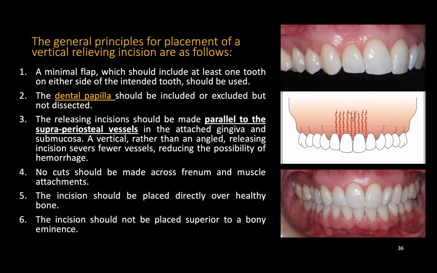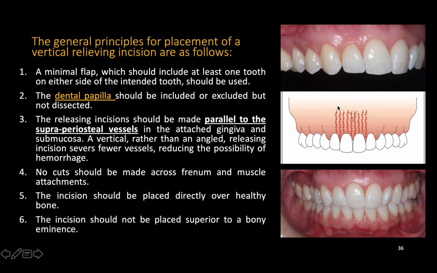So no cuts should be made across a frenum or muscle attachments, and no incisions should be made above bony eminences, especially in the canine region, because this will place unnecessary tension on both sides of the flap and will reduce chances of healing.